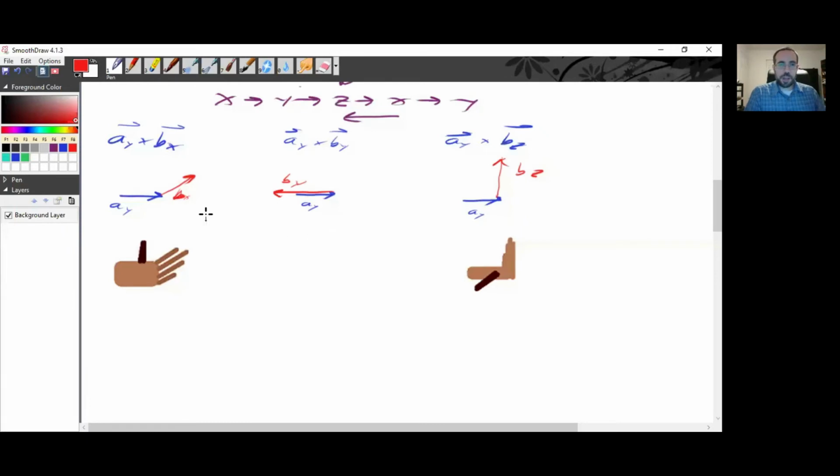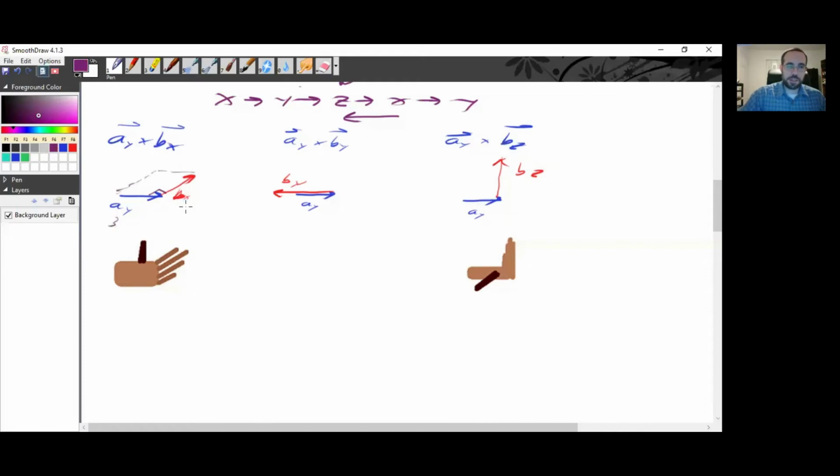All right, so I've set up my AY times all the components of B. So we'll start with AY cross with BX. That, as with many of them, forms a right angle because they are along perpendicular axes. And so that gets me an area of a rectangle. This is 3.